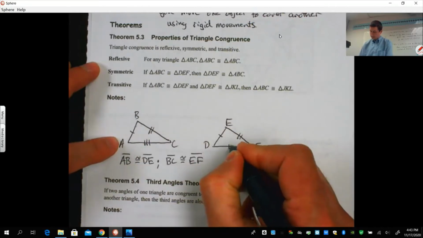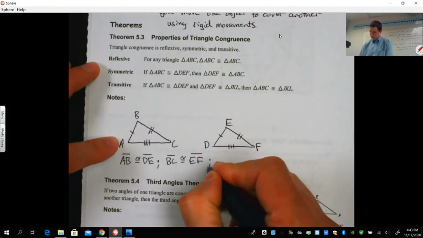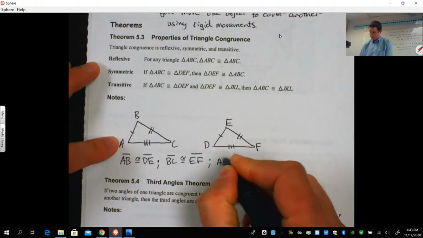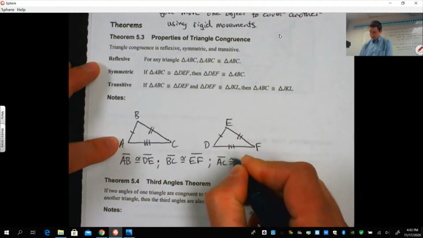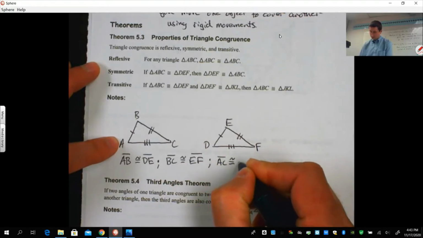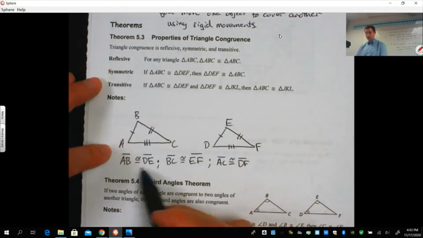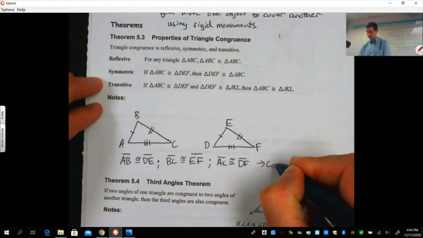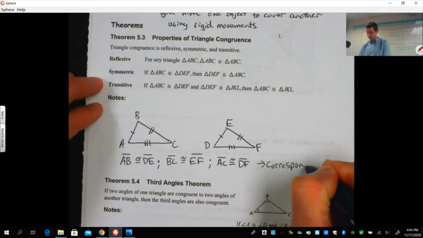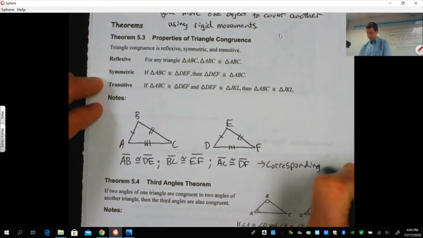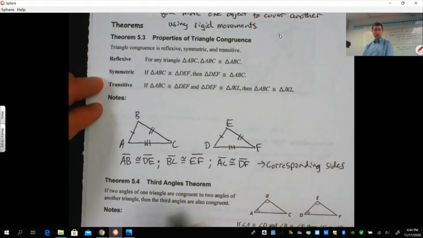Final one, AC is congruent to DF. That's an equal sign with a squiggle on top. Those would be the corresponding sides.